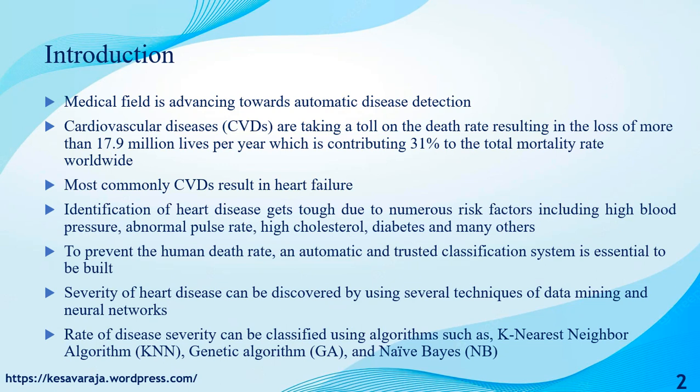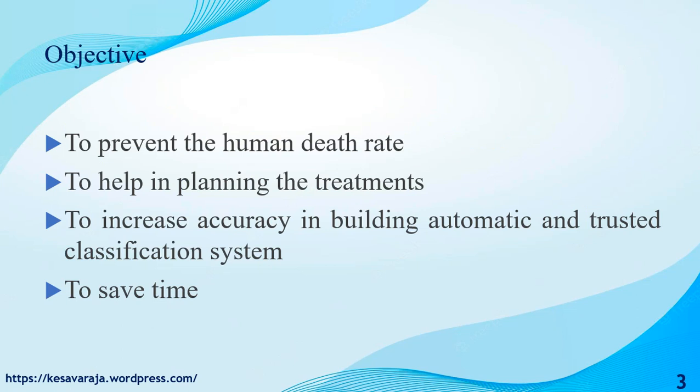It can be classified using decision tree, random forest, KNN, genetic algorithm, Naive Bayes, and several other classification algorithms to predict the best result. The main objective of this research is to prevent human death, to help in planning the treatments, to increase the accuracy rate, as well as to save time.